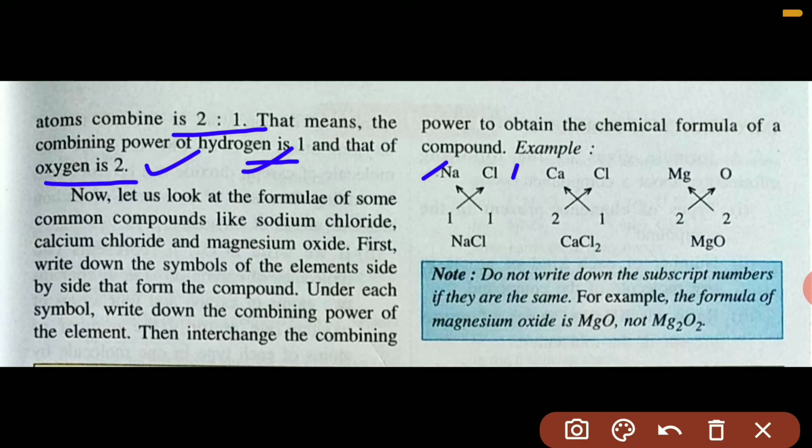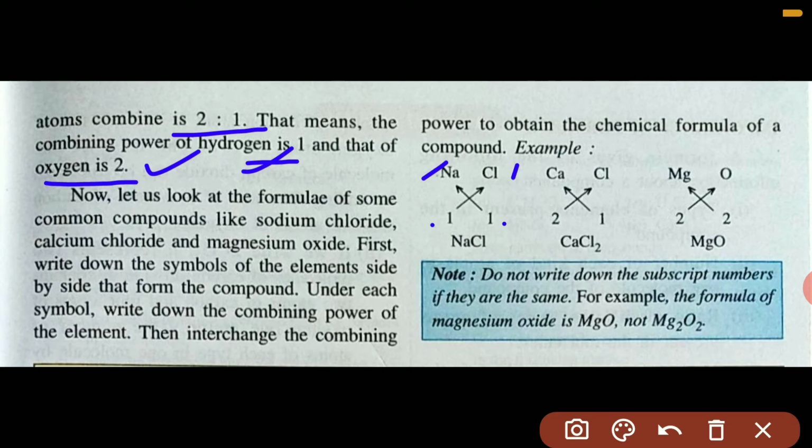So the combining power of sodium is 1 and the combining power of chlorine is 1. Now how do you know that? This will be given to you in class 6, but from class 7 onwards, you need to know them. The combining power is actually known as valency.